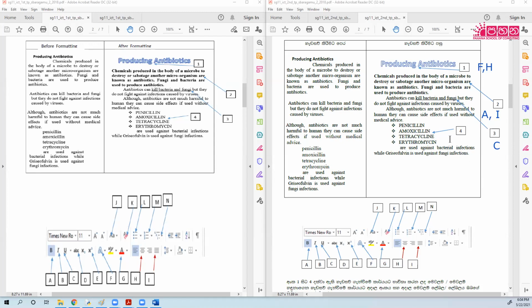Yes, the fourth one. We have to use bullets. That is L. And it's center aligned, so you have to use L and H. Okay.